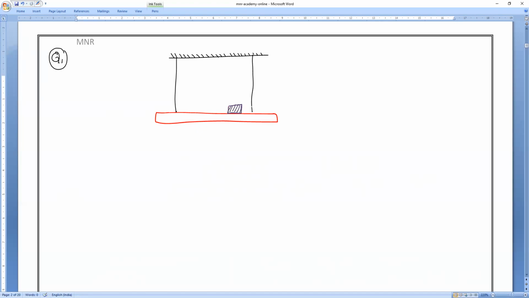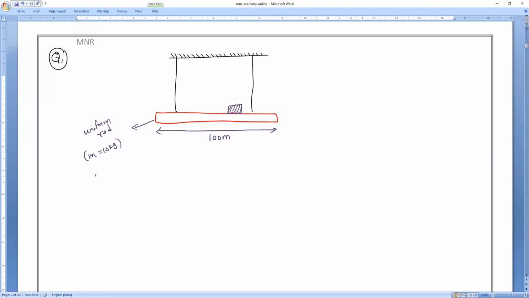Now the total length of the rod, all of you observe, is 100 meters. What is the total length of the rod, everybody? 100 meters. And this rod is a what rod? Uniform rod, whose mass is 10 kg.